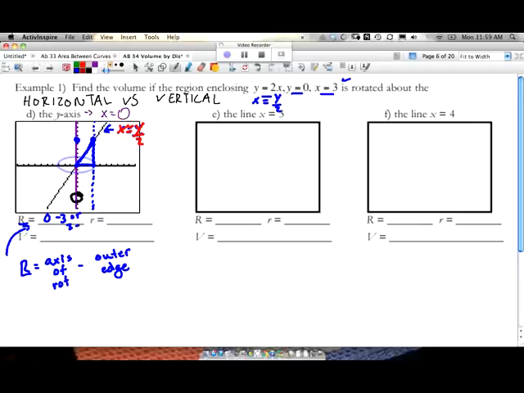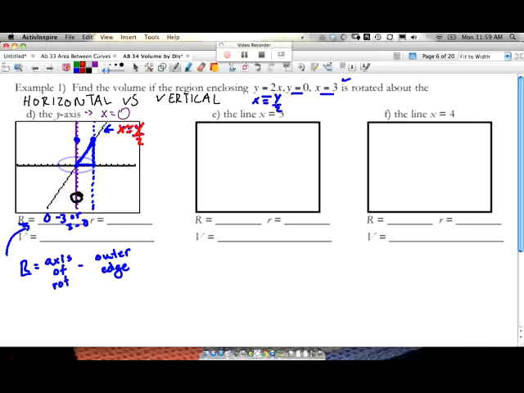Can anybody guess why? Because when you do the calculation, it's going to be r squared. And when you square it, the negative and positive are the same thing. So I like to say just the axis of rotation minus the outer edge. And that's just easy, simple, straightforward, consistent.